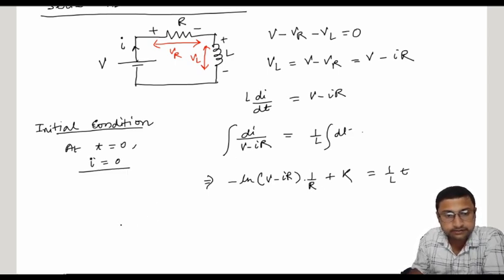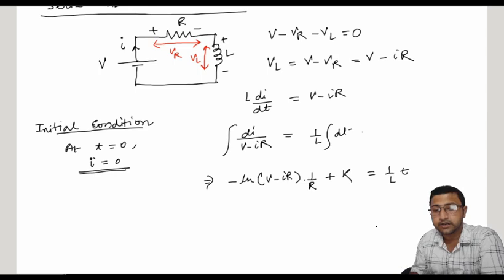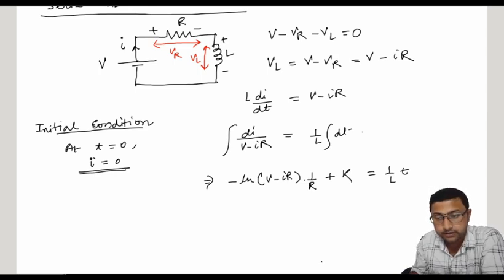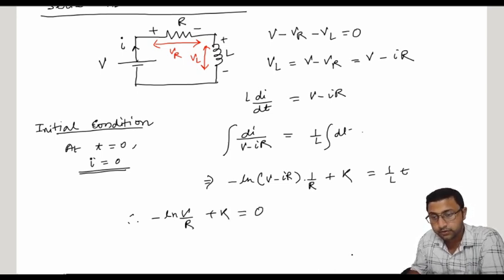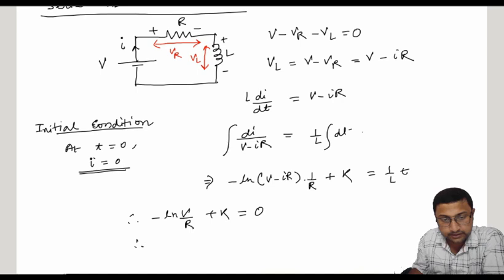Now if we put the initial condition, we can write minus ln V by R, because the IR term is 0 as I is also 0. So minus ln V by R plus k is equal to 0, because t equal to 0. So we can write that k equal to ln V by R.